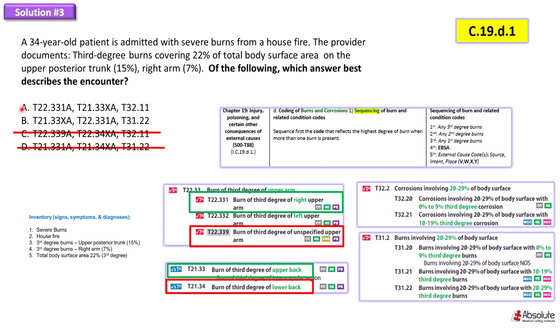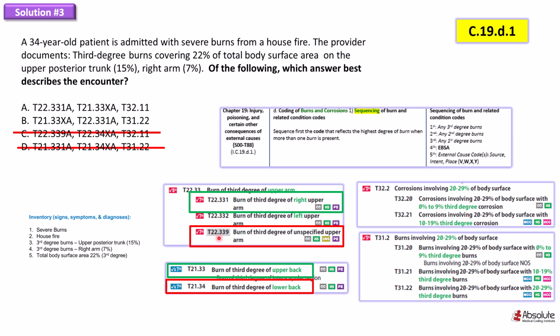Of course, you're supposed to sequence the most complex, and the most complex, of course, is third degree. And also, look, your posterior upper trunk is 15%. You've got more back than your arm. So you should sequence the most first because it's more complex, right? So I'm going to sequence that T21.33 first, and then I'm going to sequence my arm second.